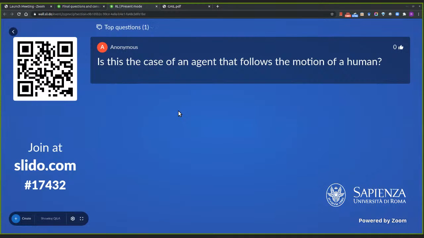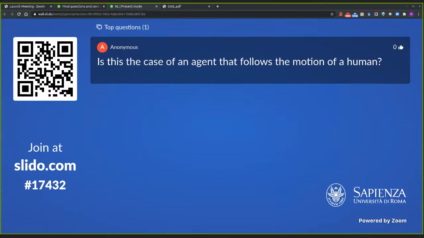Also, because there are complex observations, so the observations might be images, for example, or sensors like lidars and stuff like that, and it's hard to manually specify a reward function that maps these states to acceptable rewards.